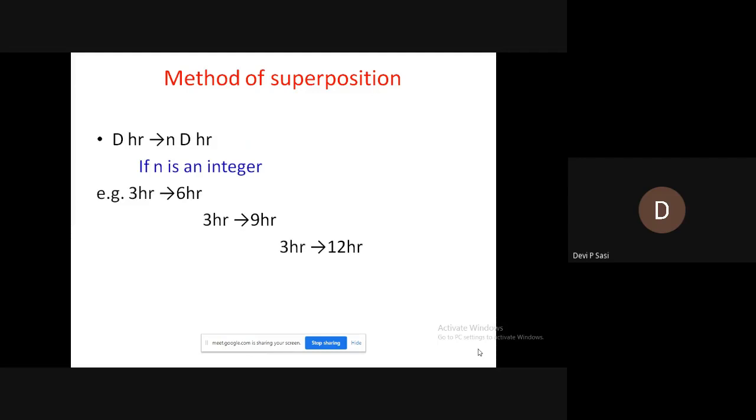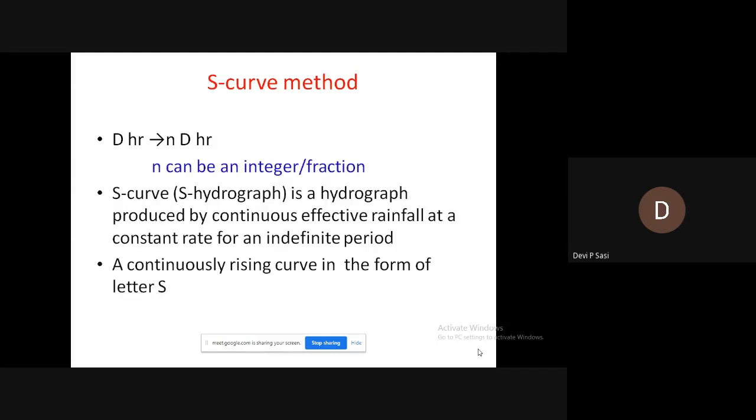According to the S-curve method, an nD-hour unit hydrograph can be produced from a D-hour unit hydrograph, and n can be an integer or a fraction. In the first case, n can be only an integer. In this case, n can be an integer or a fraction.